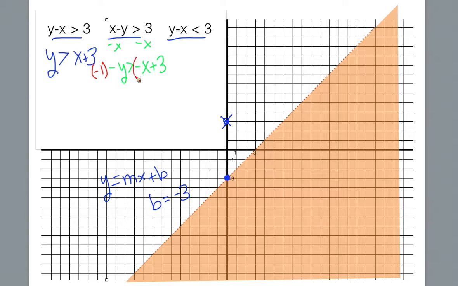So I must multiply this entire thing by -1 also. Okay, so -1 times -1 will give me a positive y greater than, and then I'm going to distribute this -1 into both of these terms. So -1 times -x will give me a positive x. -1 times positive 3 will give me a -3.